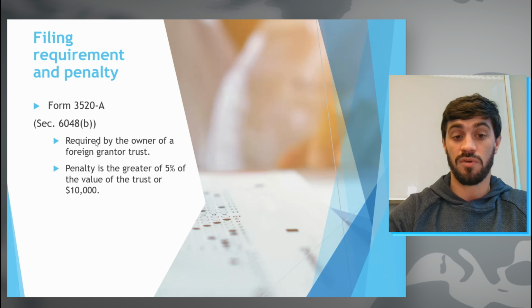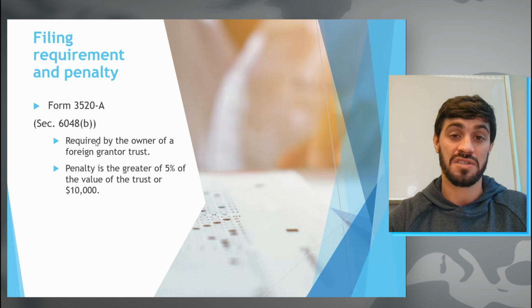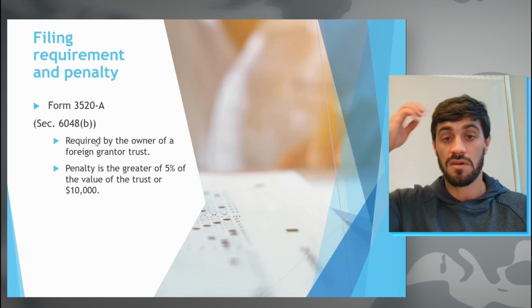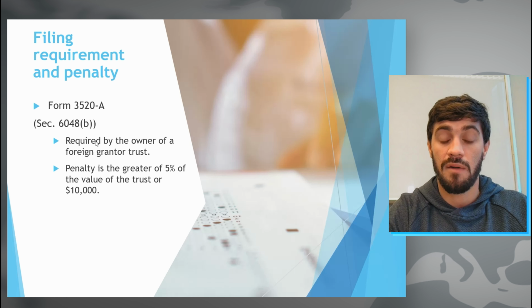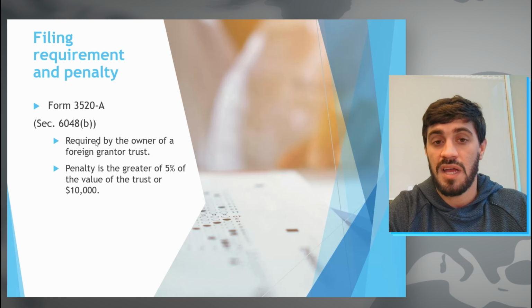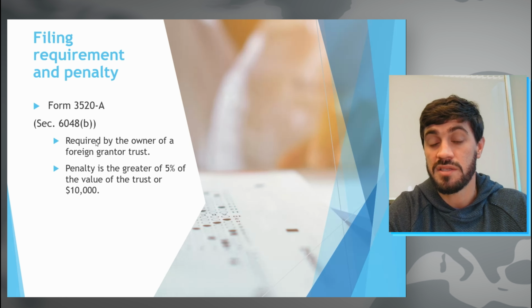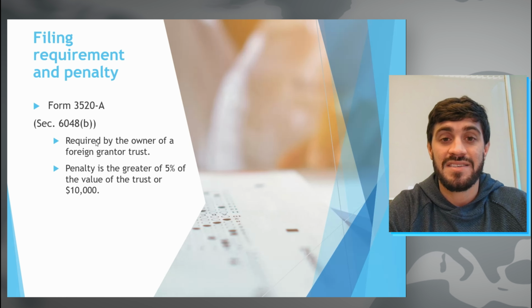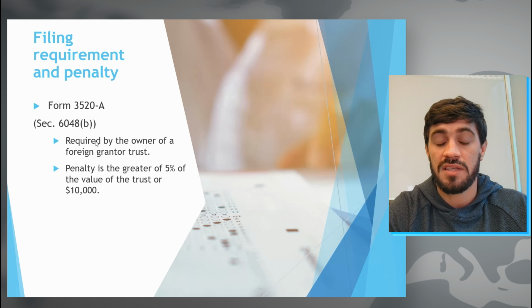The other type of foreign grantor trust, and this is the one that causes the most problems with expats in particular, is foreign retirement plans. A lot of people don't think of a retirement plan as a trust, but in most scenarios, that's what it is. In the U.S., a 401k is a trust arrangement. It just has a very specific code section associated with it as to how it's taxed.